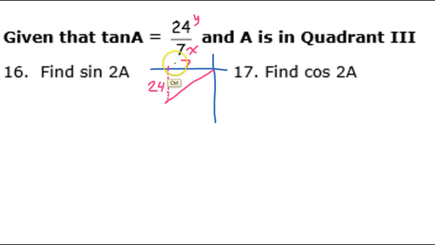But in this quadrant, I know that x is negative and y is negative. So this must really be negative 24 over negative 7. We need the r value, so you need to do the Pythagorean theorem. Or if you've memorized the triple, I'm pretty sure this one turns out to be 25. But you can do the Pythagorean theorem to verify that.